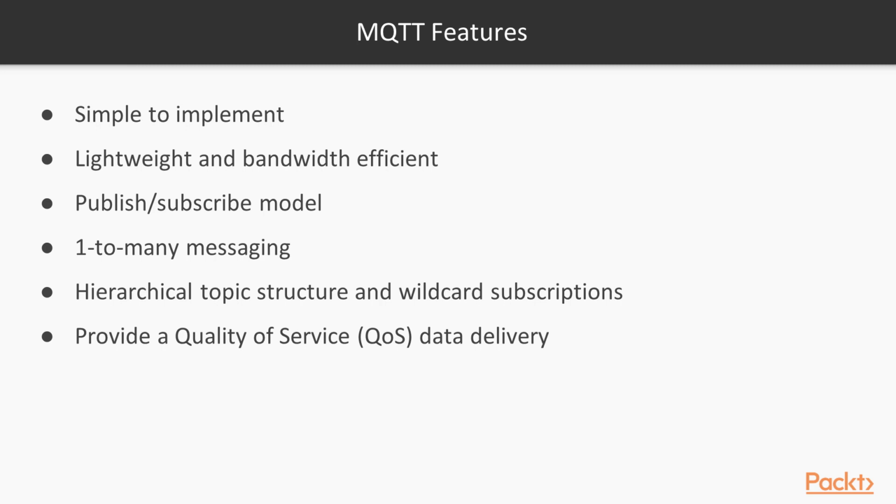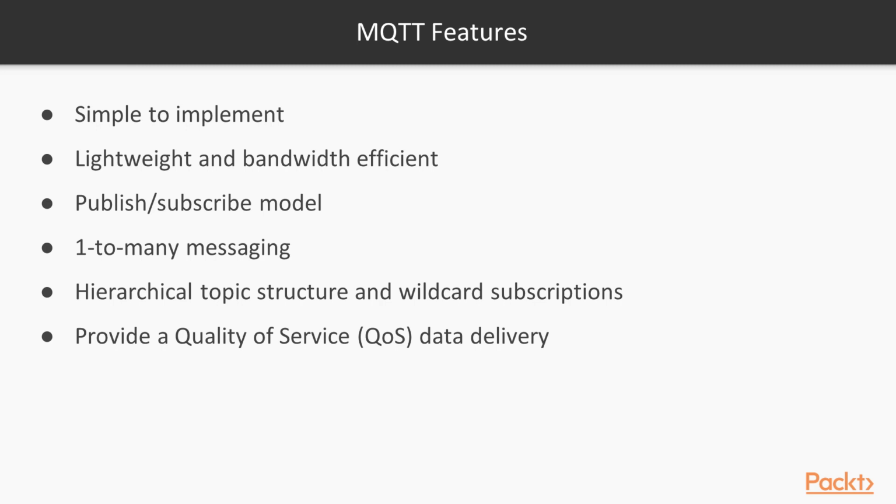Quality of service, or the QoS level, is an agreement between the sender of a message and the receiver that defines the guarantee of delivery. In MQTT, there are two sides of message delivery. First, message delivery from the publishing client to the broker.